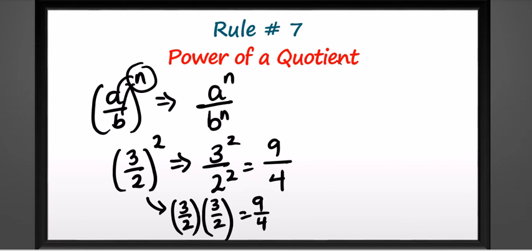Whatever type of question you see, you can apply whichever law you think you can use here. Like right now for this question, even though I explained the power of a quotient basically says whatever your power is gets distributed to the denominator and to the numerator, when I simplified here I used the product rule. Product rule is whatever is inside gets repeated the number of times your exponent is. So I just took the fraction and multiplied that fraction twice.